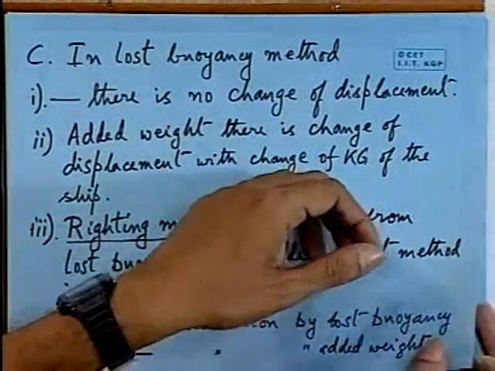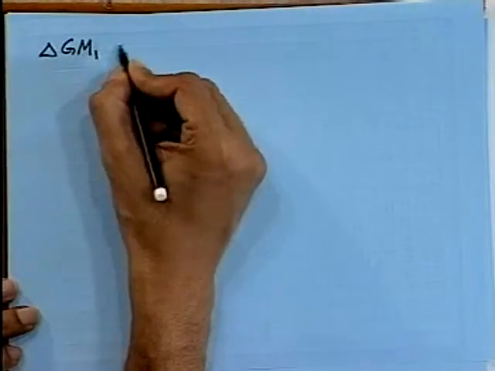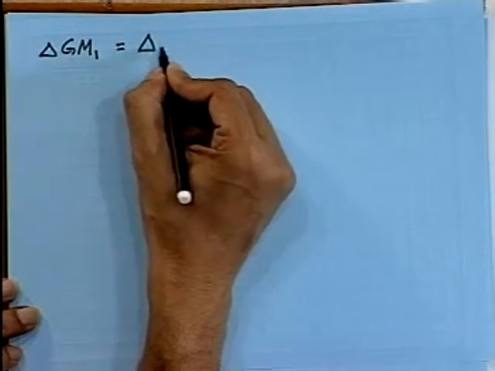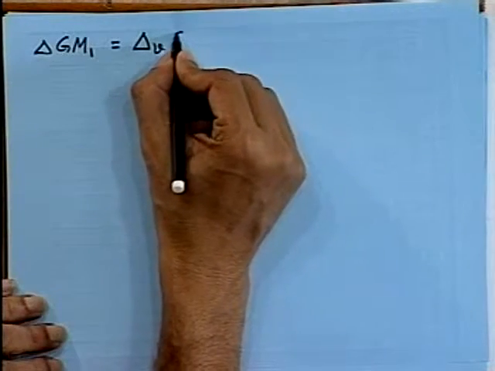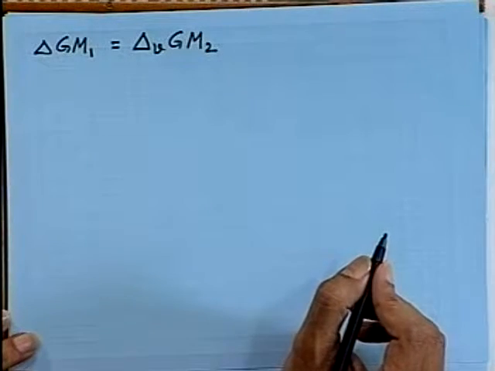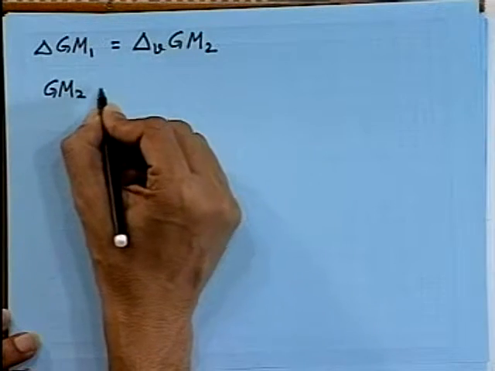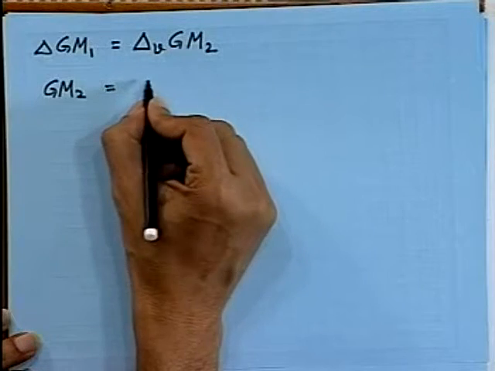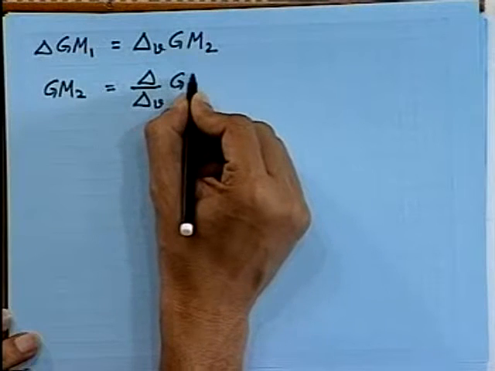Then you will find the two righting moments; since the two righting moments are to be the same, you have displacement multiplied by GM1 equals the virtual displacement in the added weight method multiplied by its GM, which is different. So this GM2 will be equal to delta divided by delta V multiplied by GM1.